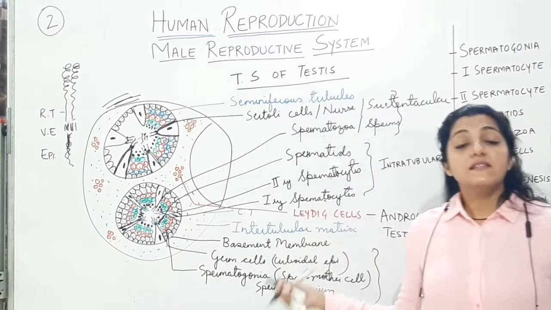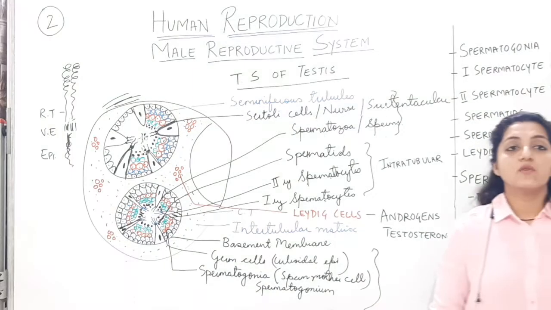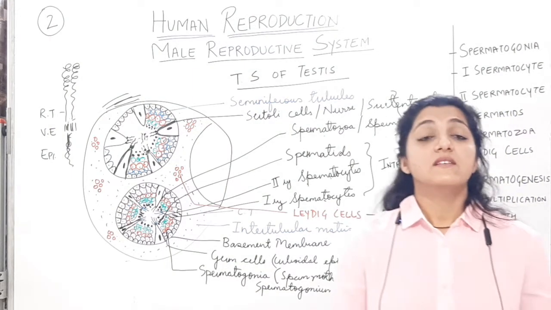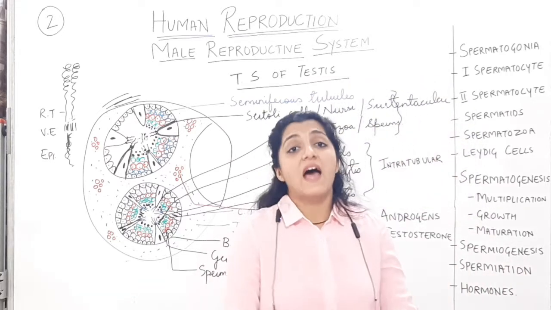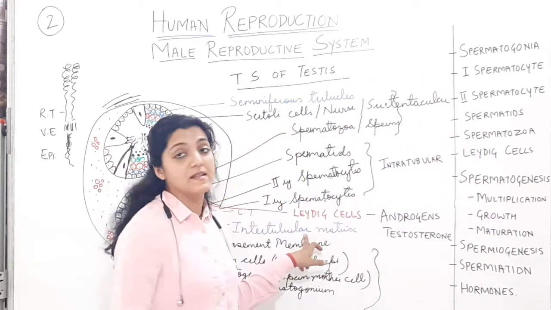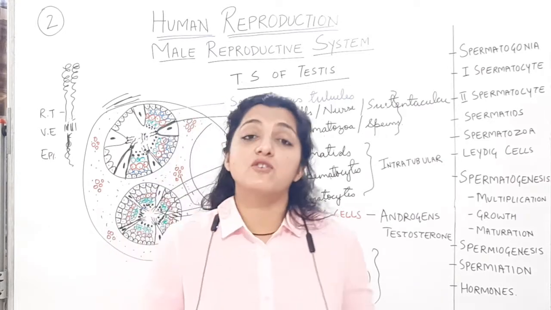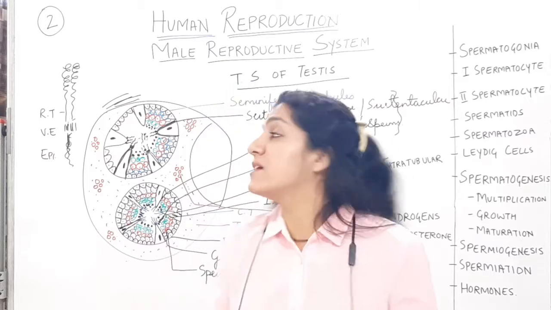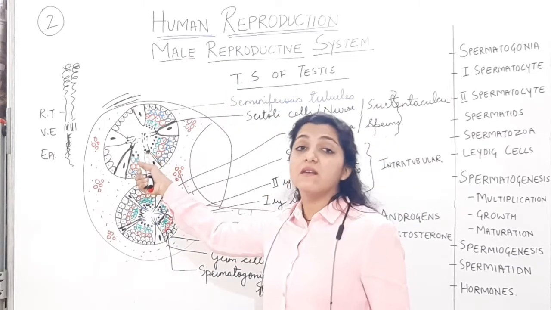So these cells are going to produce the male sex hormones. So important MCQ again, steroidogenesis, that is production of the steroid male sex hormones, happens in the intertubular cells, that is the Leydig cells. Whereas spermatogenesis, that is production of the sperms, the male gametes, happens inside the tubular cells, that is the intratubular cells.